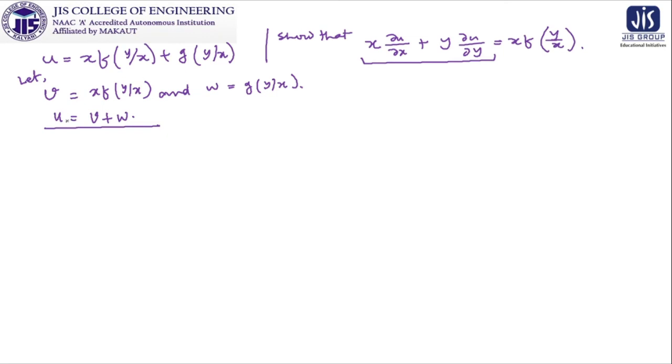So if you want to check the homogeneous criterion for v and w, it will be very much clear to you that v will be a homogeneous function of degree 1. Check it.